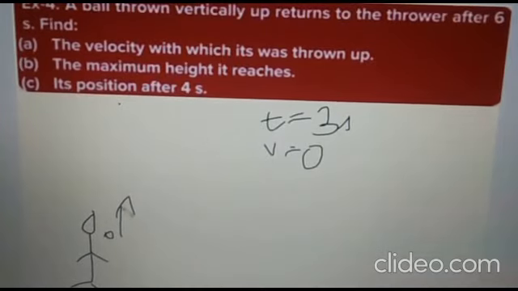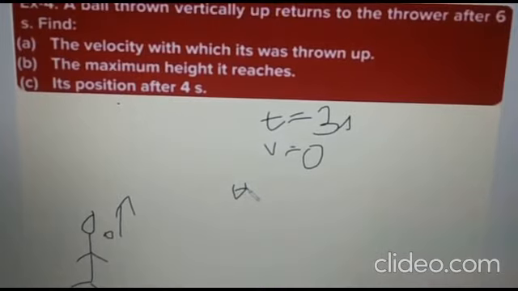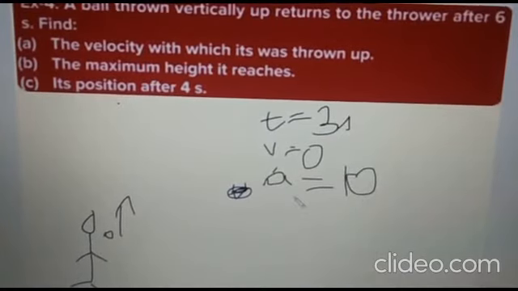So he's asking the initial speed of the object when he throws it up. For finding the initial velocity, we take it as u. Now since there is no external pressure in this, we can say free fall and take acceleration as 10 meter per second square. Okay guys, acceleration is equal to 10.